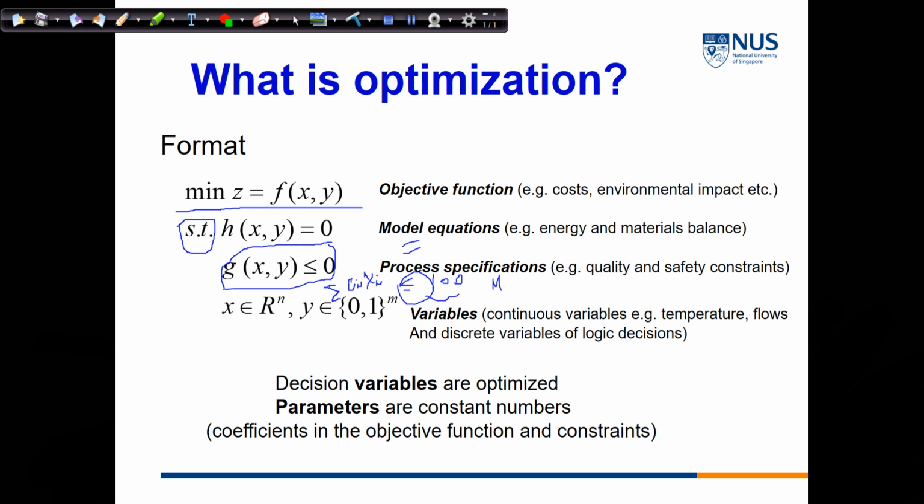So this is a basic example to show. But when you use this in your process design problem, this inequality is very important. Sometimes I have some process specifications, like the quality or safety of a certain value, for example materials cannot go beyond a certain maximized limit, and you will use this inequality constraint.